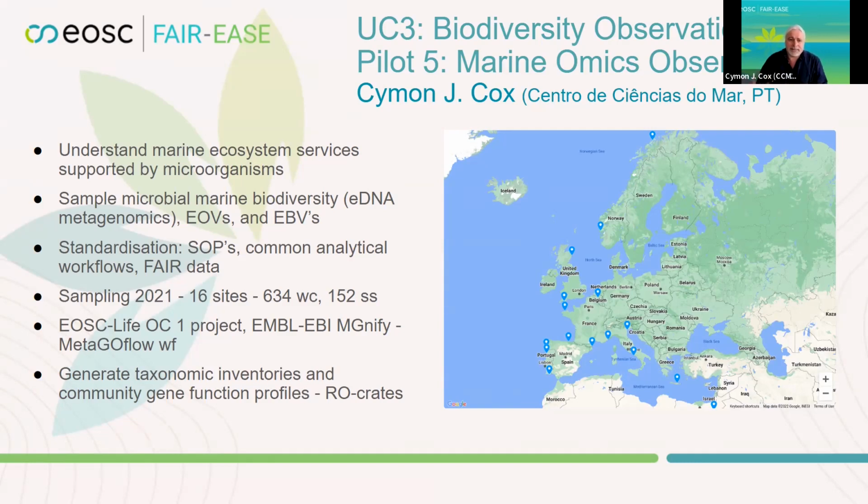And the idea obviously is to use standard methods and standardization in everything we do so that the data are maximally comparable. At the moment, in 2021, we have 16 sites and about 634 samples that are waiting to be sequenced, and some 152 sedimentary samples as well. There's also a component of metabarcoding here as well, which I won't go into.